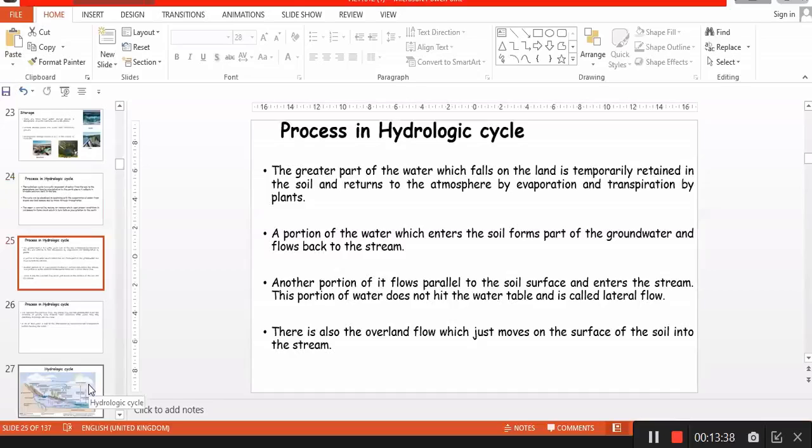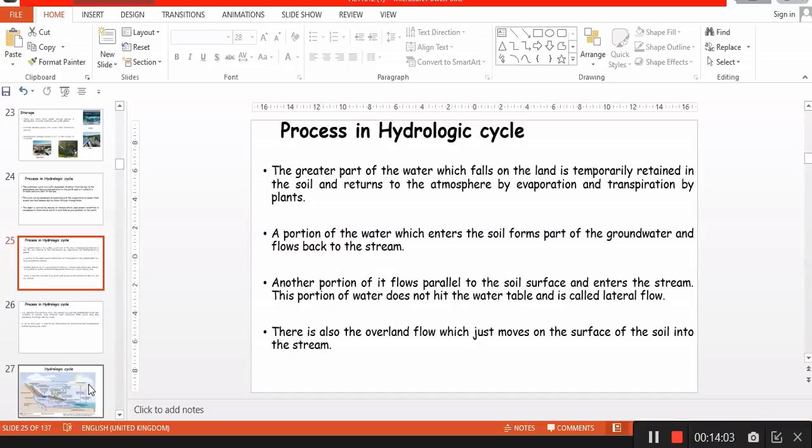The portion of water which enters the soil forms part of the groundwater and flows back to the stream. We have already discussed streams. We have already discussed groundwater. Groundwater, we will discuss when you come to the first semester of the second year, right? So we will discuss that. Another portion of it, okay, we will see, okay?